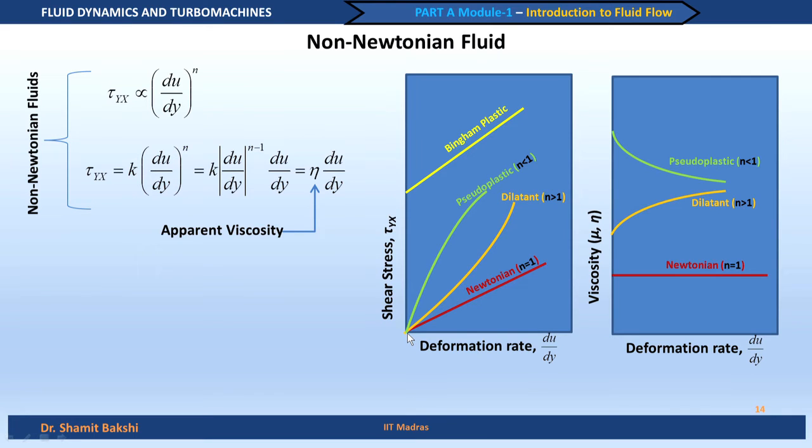That means a certain value of shear stress is required for this material to flow like a fluid. It does not flow instantaneously like the Newtonian fluid or like the shear thickening and shear thinning type of fluids. So, this needs an initial stress to behave like a fluid.